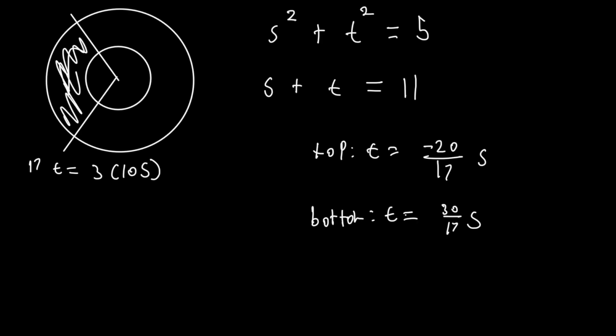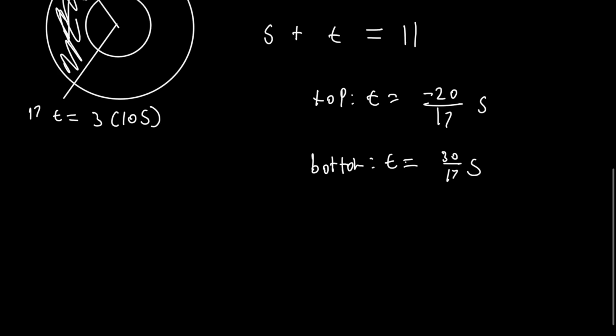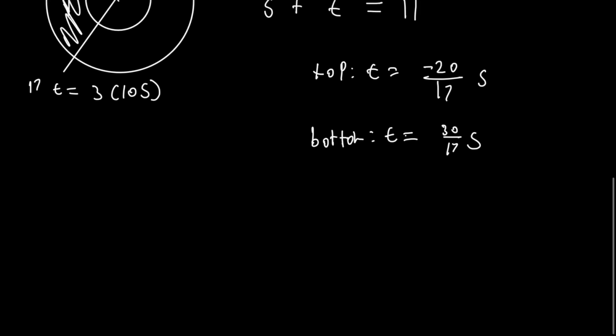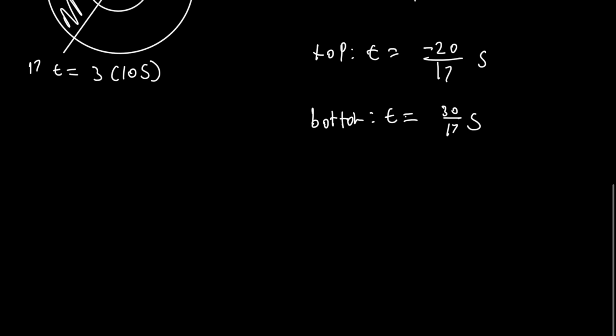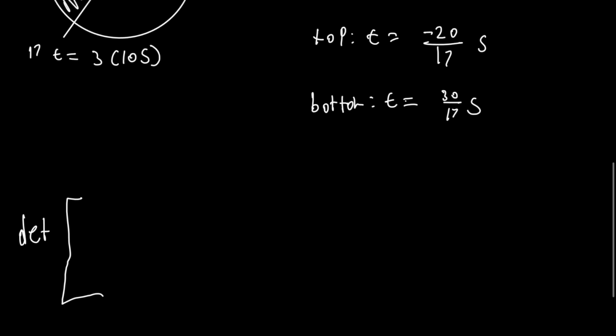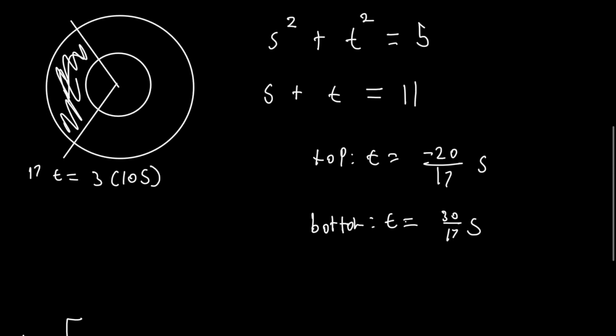Now, let's make sure we have a Jacobian. This is what the Jacobian is: you take the determinant of old versus new.